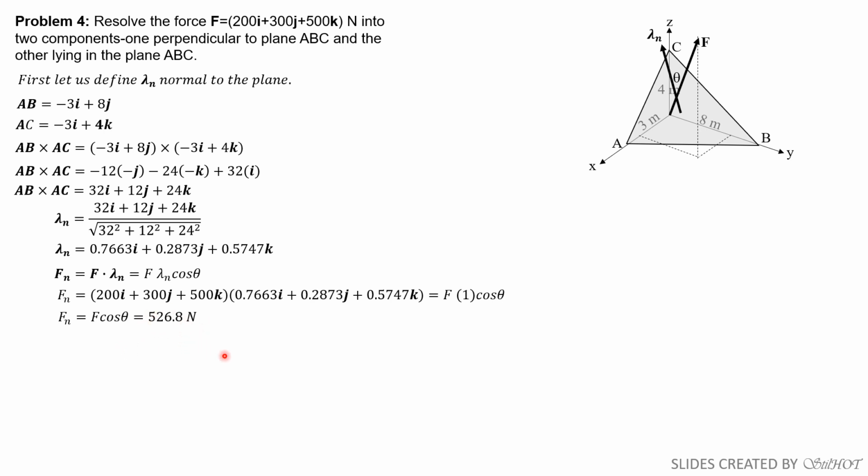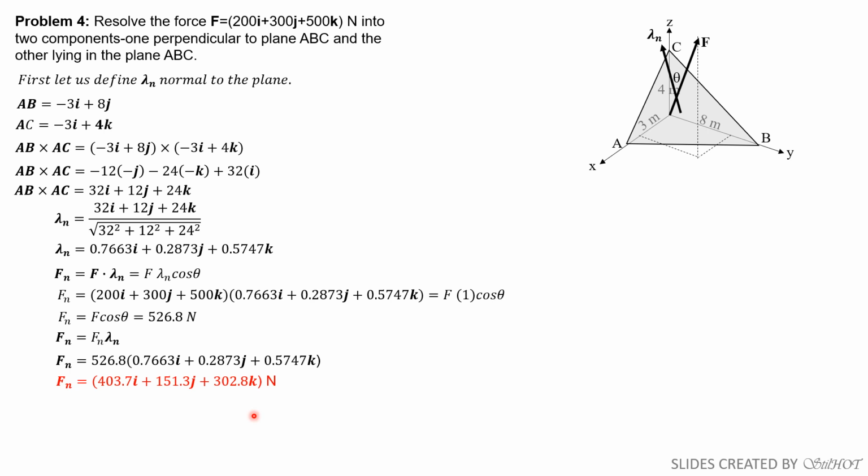Let's express this in vector form to compute the tangential component: the magnitude of Fn times the unit vector lambda n. So Fn in vector form is 403.7i plus 151.3j plus 302.8k.